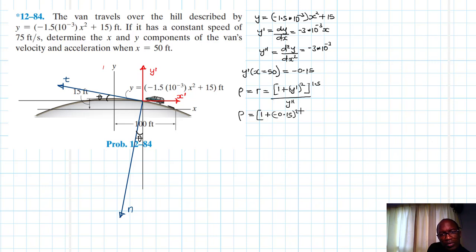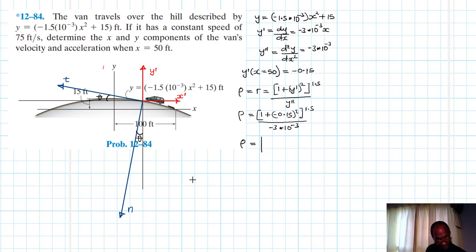Then we are going to raise this to the power 1.5, and then everything divided by y double prime, which is negative 3 by 10 to the 3, right? Therefore, our rho is the radius, so we take the modulus.